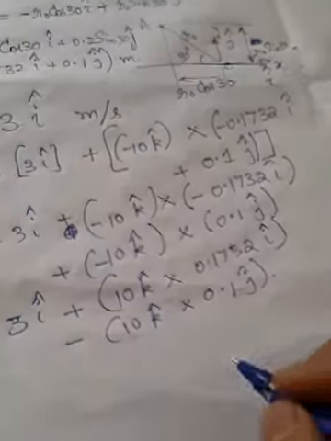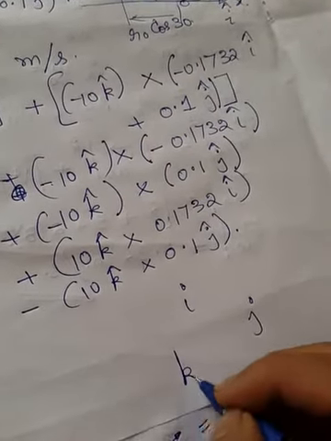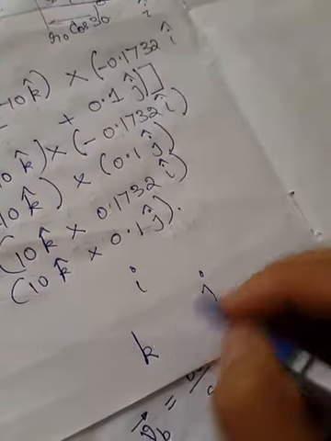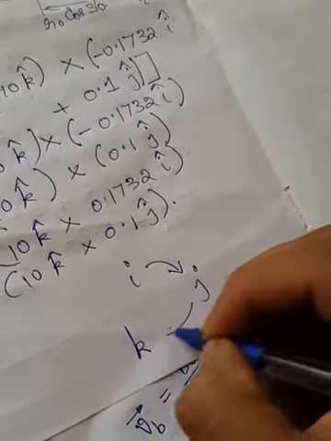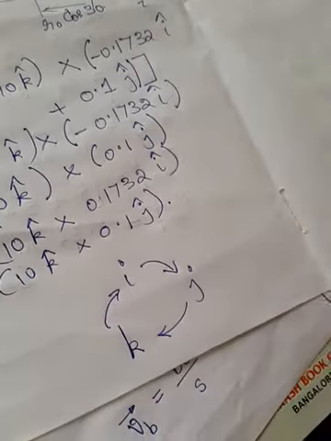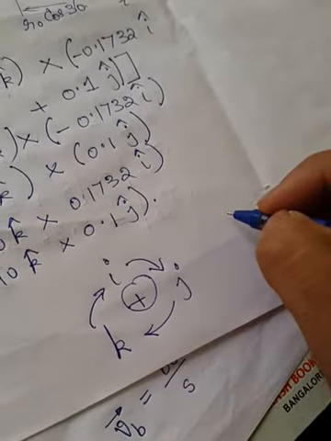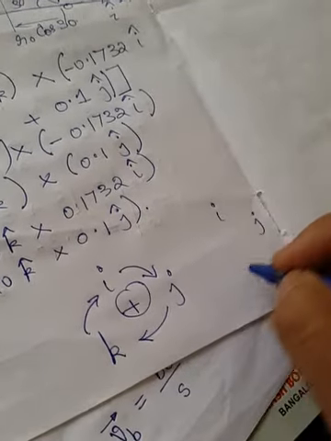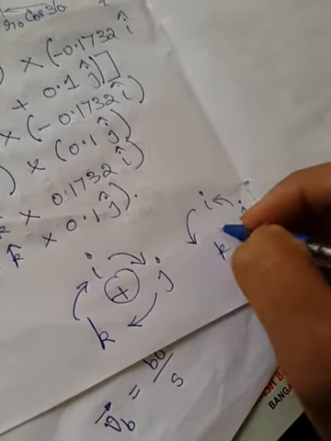In order to determine the cross product, you have to write the rule i, j, k. If it is crossed in the clockwise direction, then it is positive; if you cross it in the anti-clockwise direction, it becomes negative.